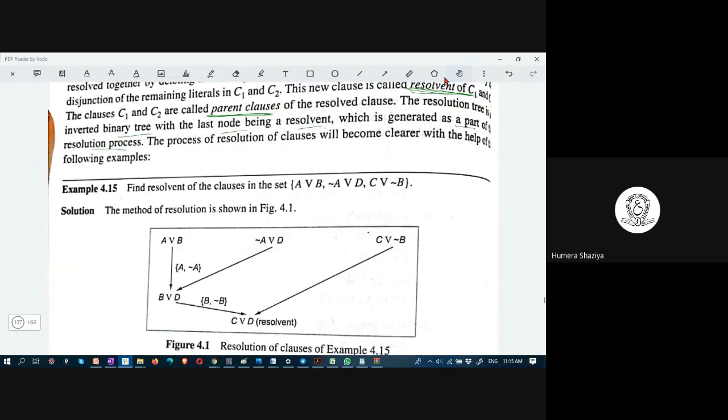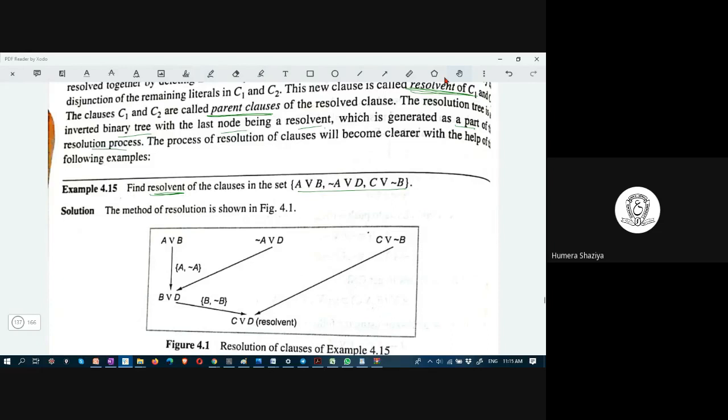Moving on to the example, to find the resolvent of the clauses in the set. From this set, the resolvent has to be found. What is the resolvent? In simple words, it is a subset of the original clauses.